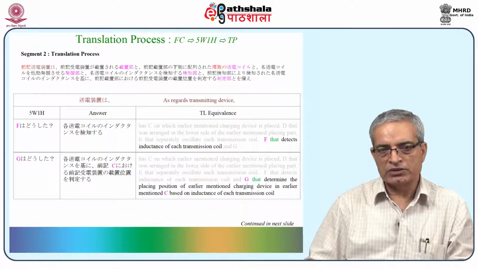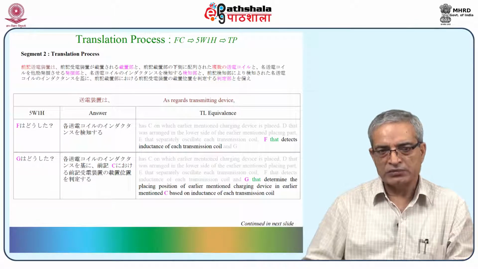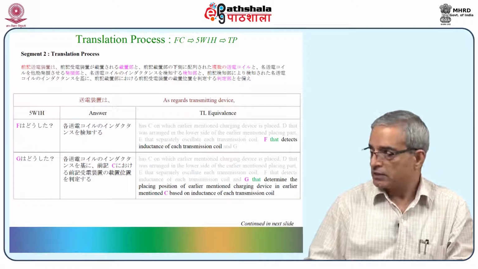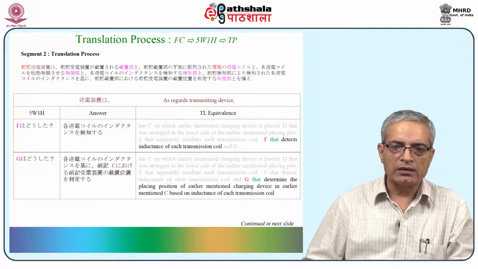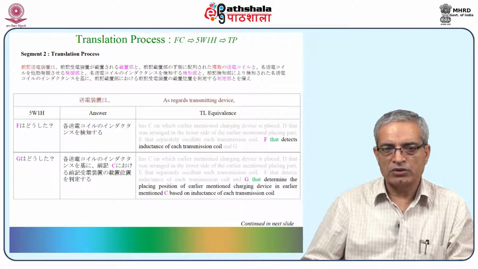So hantei suru means it determines. So it determines the position, determines the placing position. What? Placing position of earlier mentioned charging device in earlier mentioned C based on inductance of each transmission coil.